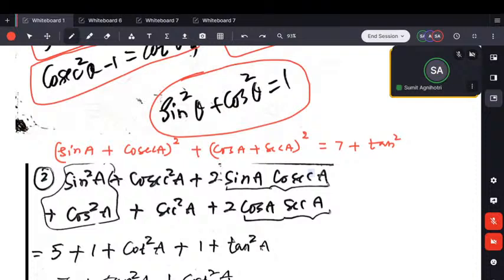Okay, by observing the question, the first thing that we need to follow here is, we need to just know this formula, x plus y whole square. Do you know this? Tell me that first. Do you know this algebraic identity?